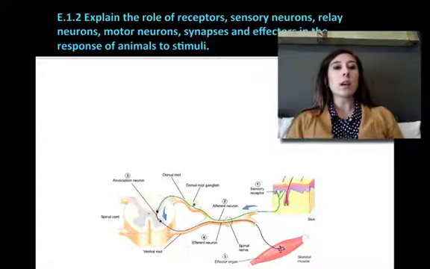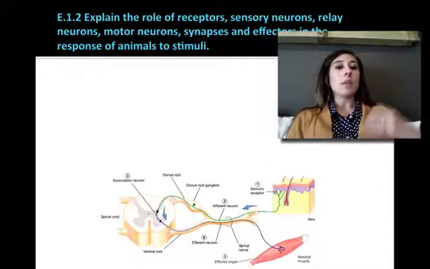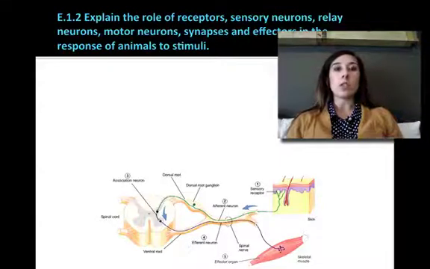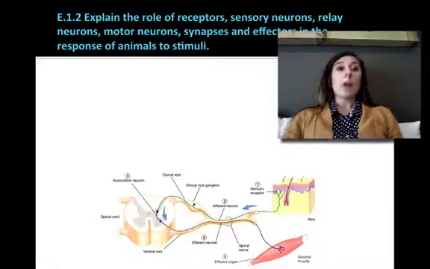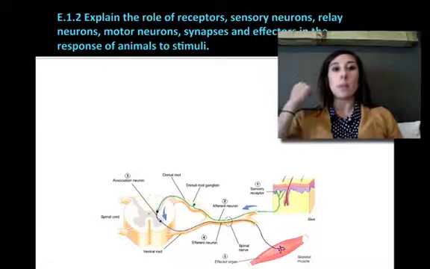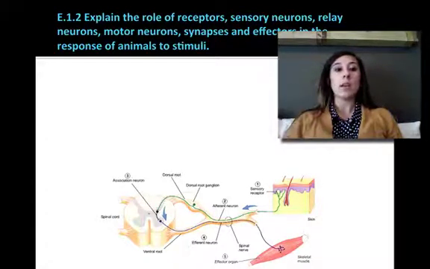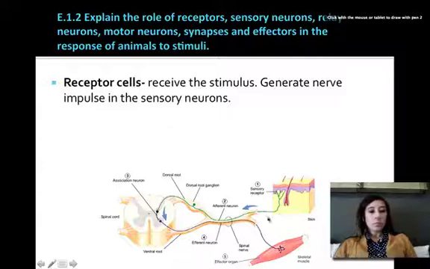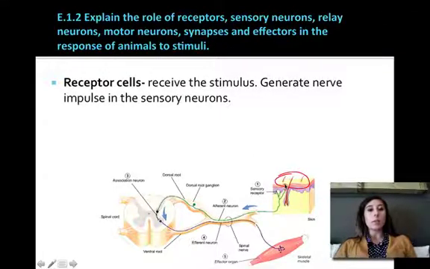So let's look at the context of a muscular type response. If you were to touch a hot stove, how do we go from touching the hot stove, realizing that it's hot, and then being able to remove our hand right away? Well, we have receptor cells, for example, within the skin, like right here underneath the skin, that are going to basically be able to sense and receive the stimulus that is coming in.